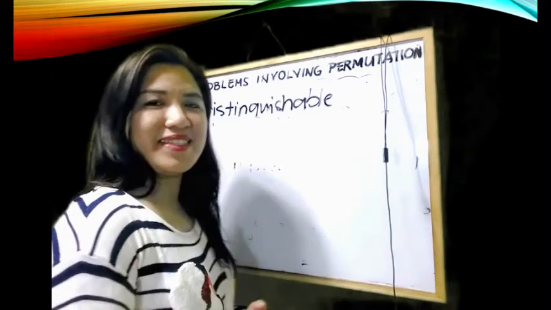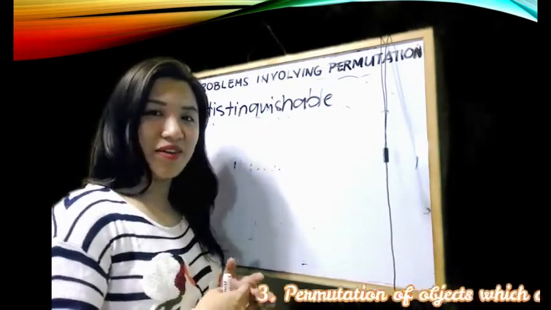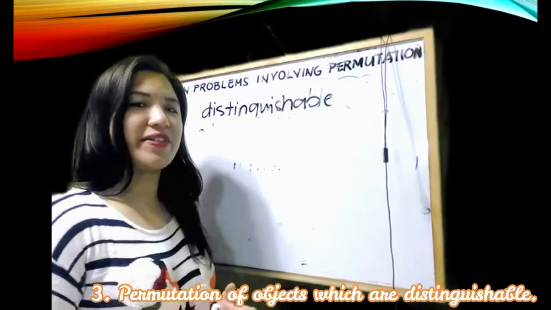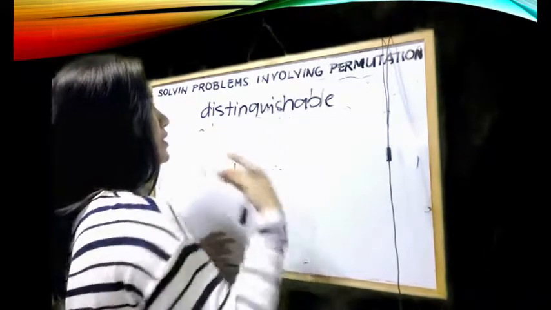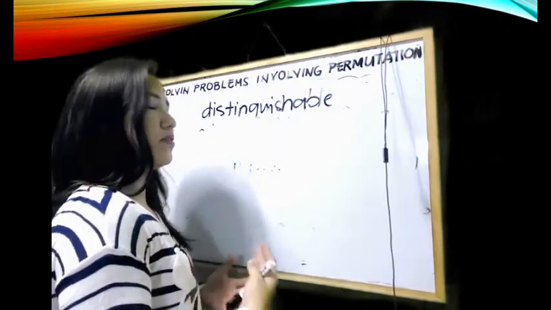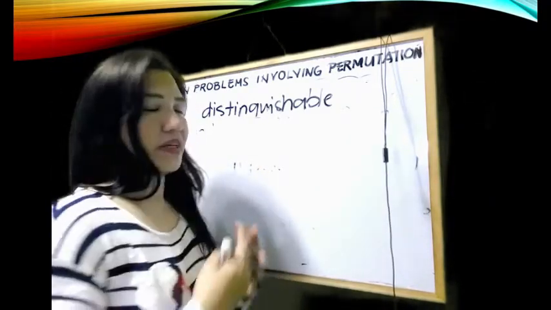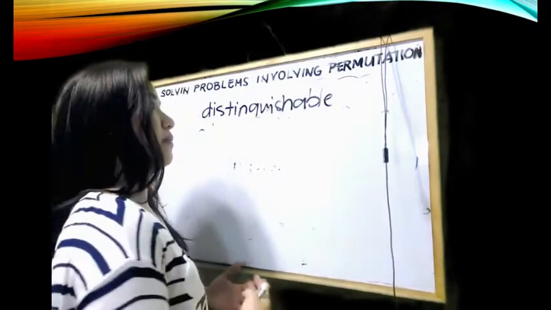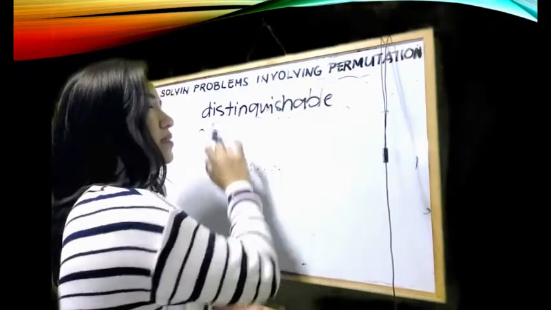Now let's proceed to the third formula, which is the permutation of objects which are distinguishable. What does the word distinguishable mean? Another term for distinguishable is distinct or recognizable. And why was it emphasized as distinguishable?